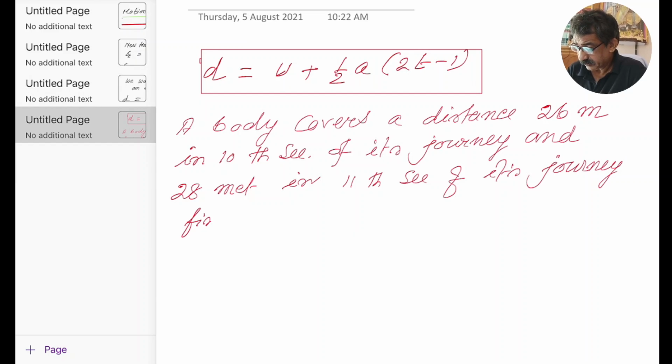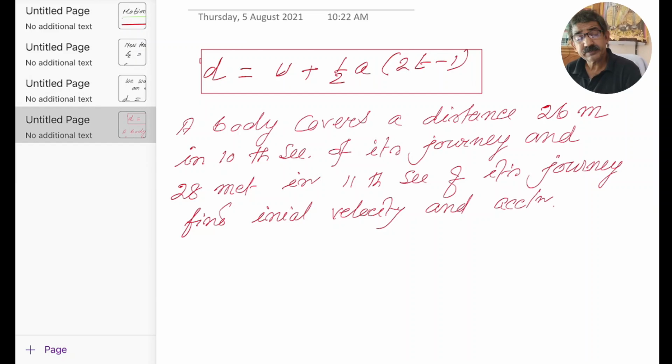Find the initial velocity and acceleration. Okay, so this is the problem.